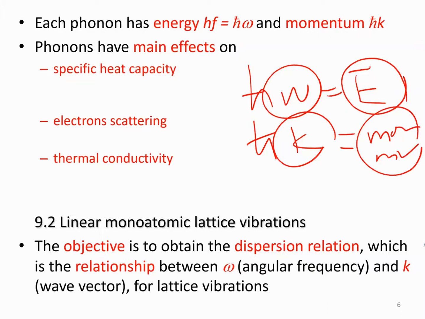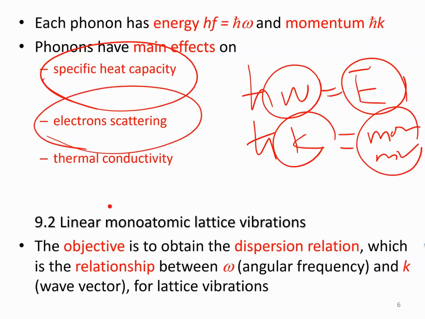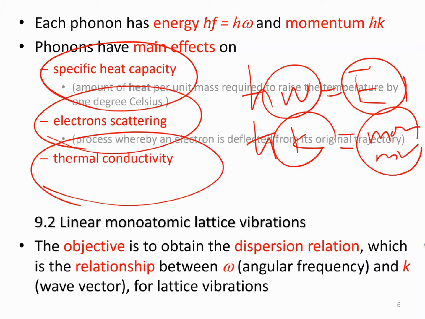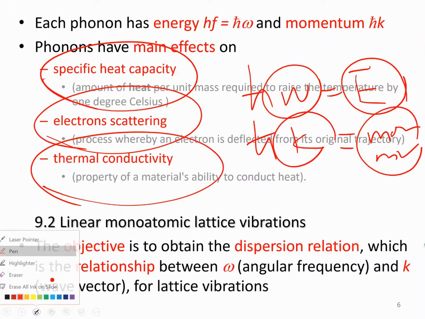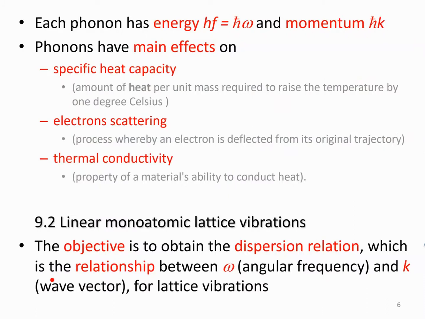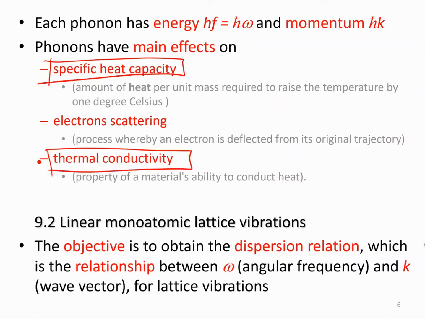Why are phonons important? The phonon has some very important effects on specific heat capacity, electron scattering, and thermal conductivity. In the next chapter, I will introduce how phonons affect the specific heat capacity and the thermal conductivity.